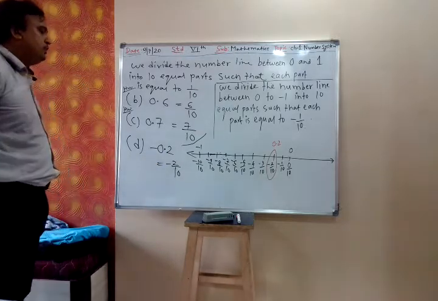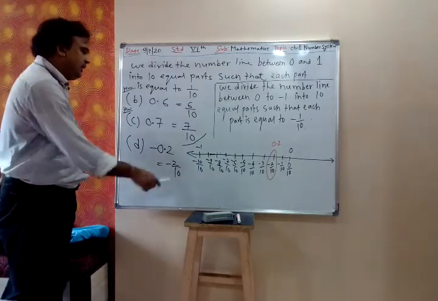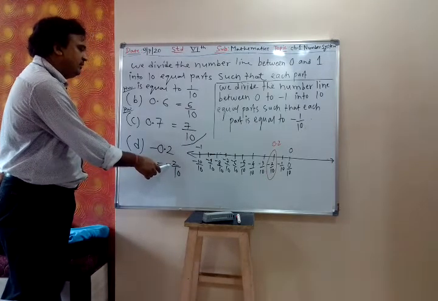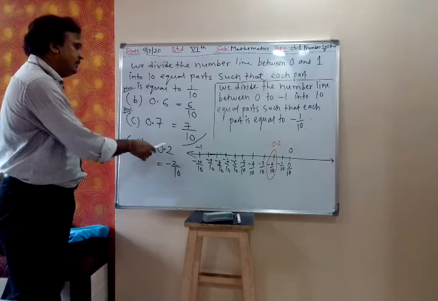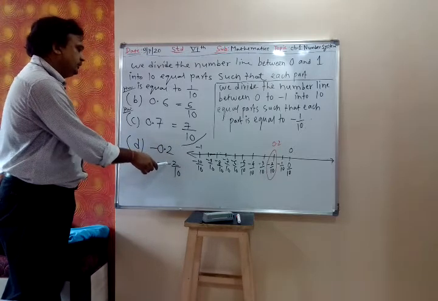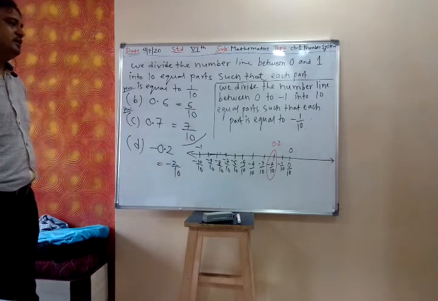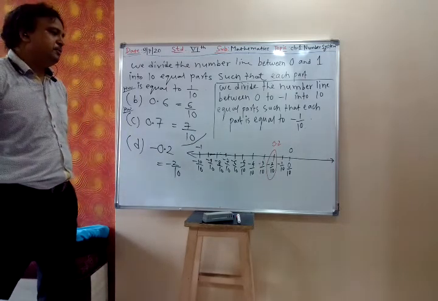So minus 2 upon 10. Now the denominator is 10, so I will divide the number line between 0 to minus 1 into 10 equal parts, such that each part is equal to minus 1 upon 10.